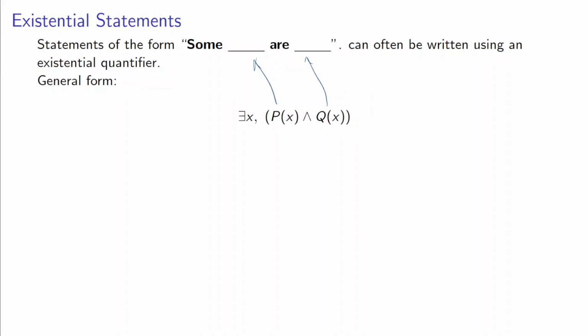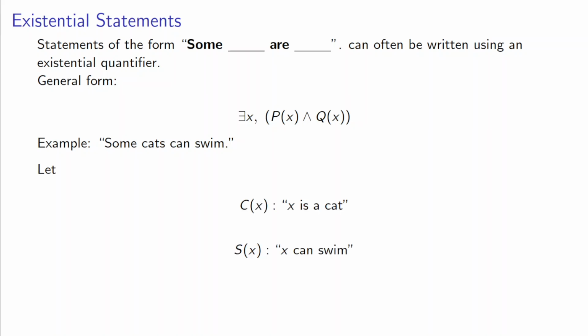So some whatevers are these two things. For example, some cats can swim. If C of x is "x is a cat" and S of x is "x can swim," there exists an x such that C of x and S of x. There exists an x such that x is a cat and x can swim. So some cats can swim. There exists a cat that can swim.